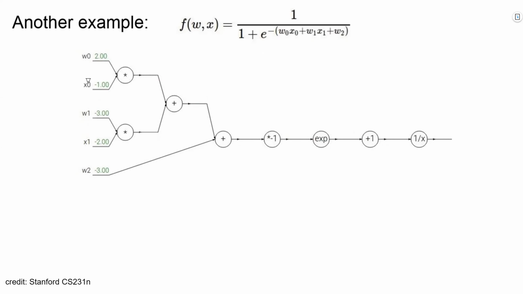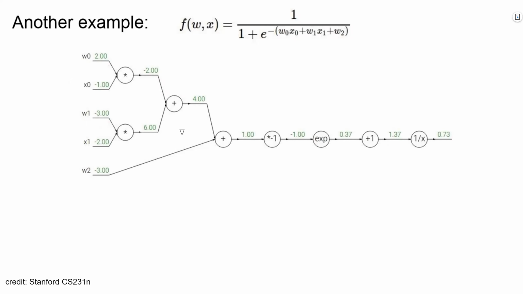And let's say these 5 variables have these values. Then doing the forward calculation is quite straightforward. We just need to follow these computation steps. So multiplying these two results in -2, multiplying these two results in 6, -3, add all these numbers, 4, like this. It's quite easy to do this.